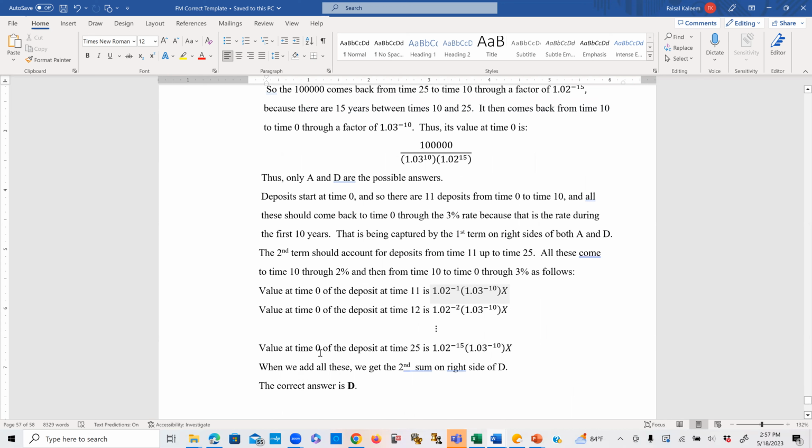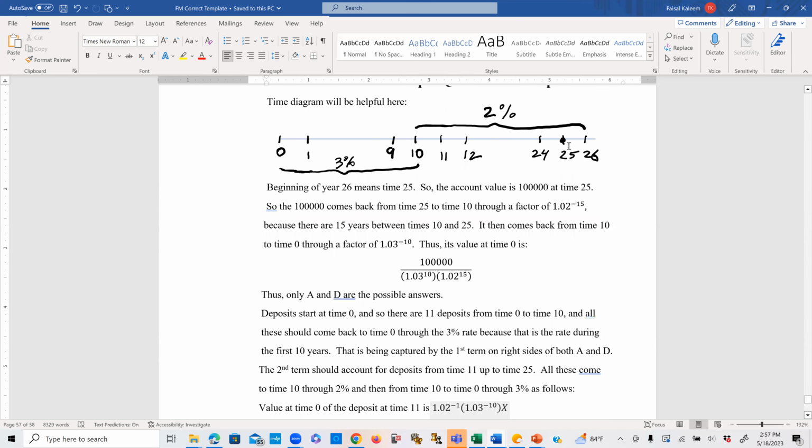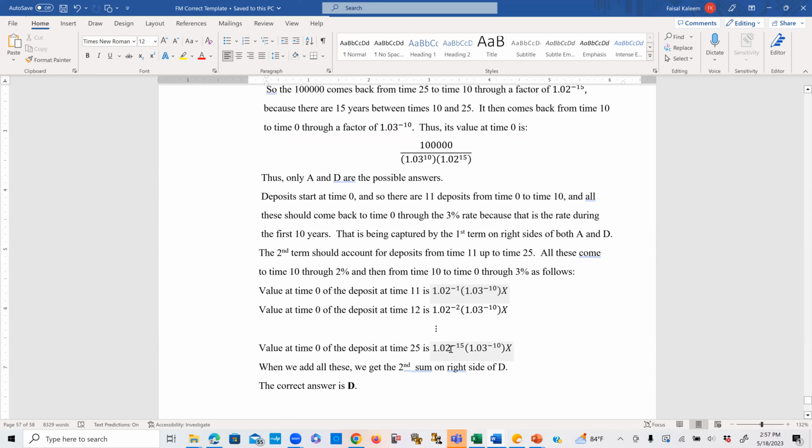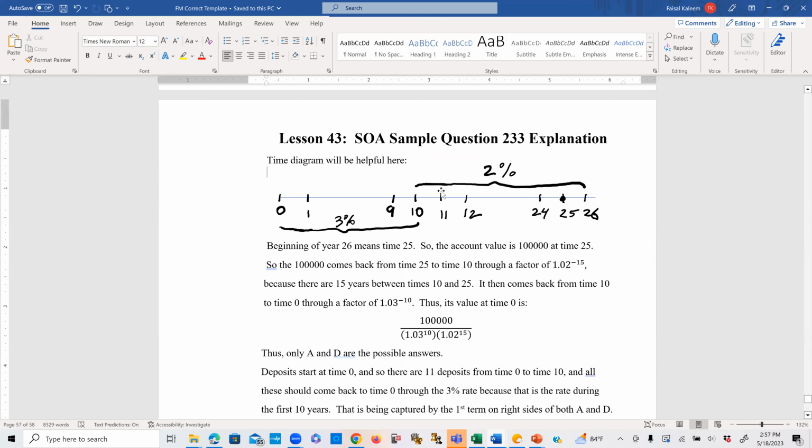And the last one, the one that is made at time 25. From 25 to 10, it comes back through 1.02 to the negative 15, because there are 15 numbers between 10 and 25. Yeah, that's what this is, 1.02 to the negative 15. And then it's again 1.03 to the negative 10.